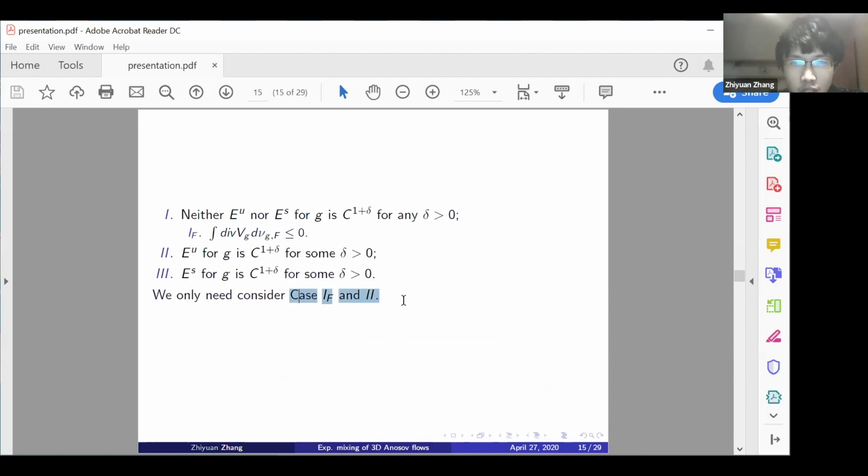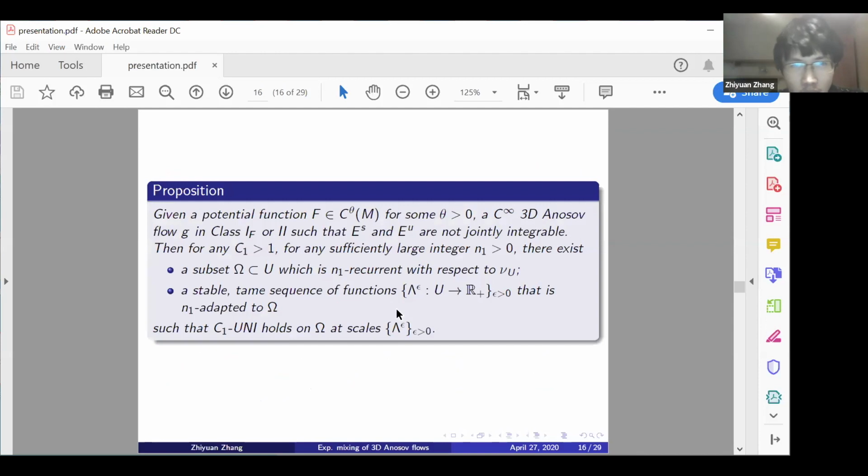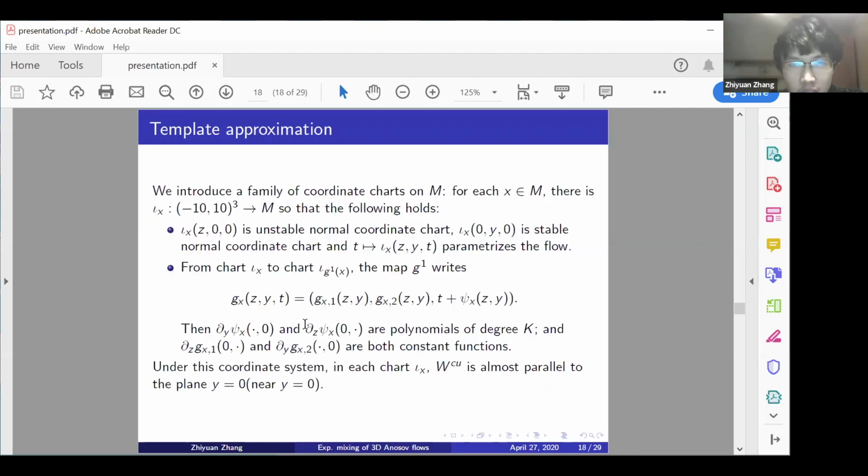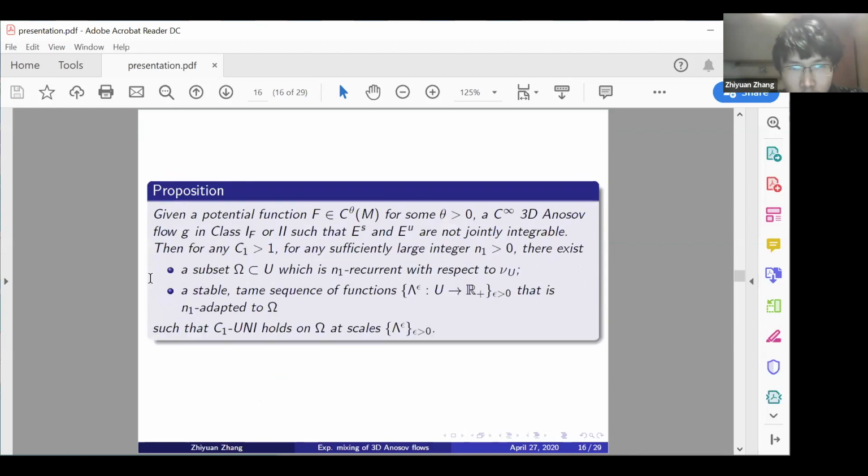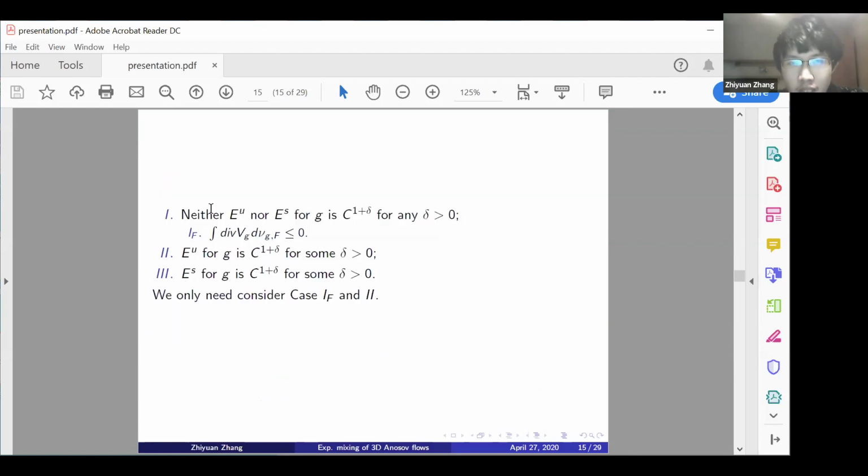We consider these two cases, but I will not have enough time because it's technical. Let's just say the difficult case is basically class 1.